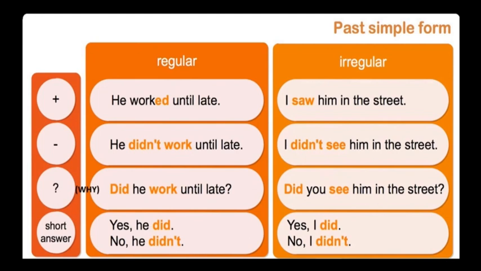And the short answers would be, yes, he did. No, he didn't. Yes, I did. No, I didn't. When there is a question word, then the question word comes first. Why did he work? Why did you see?